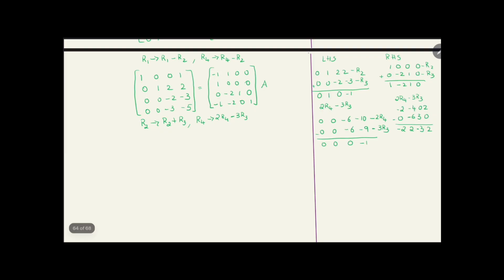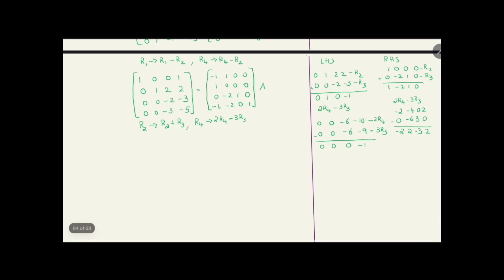Now I will replace this. One minute, students. Let me check this once again. 2R4 is minus 2, minus 4, 0 and 2.